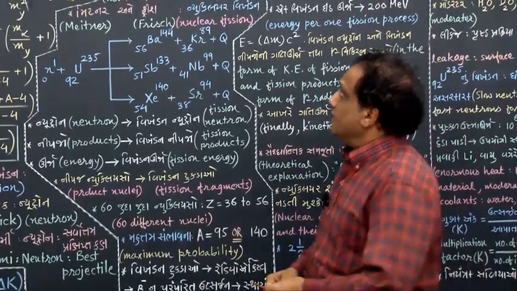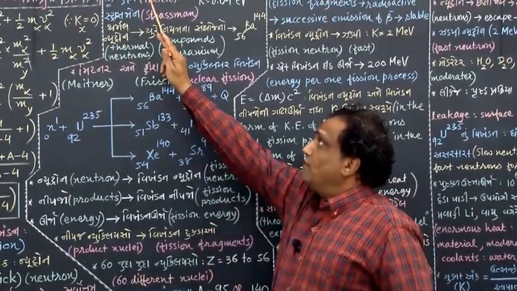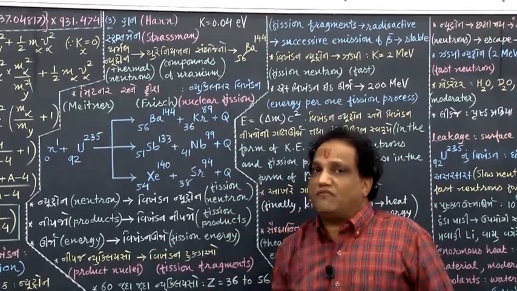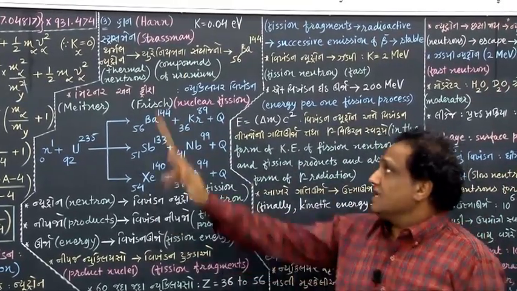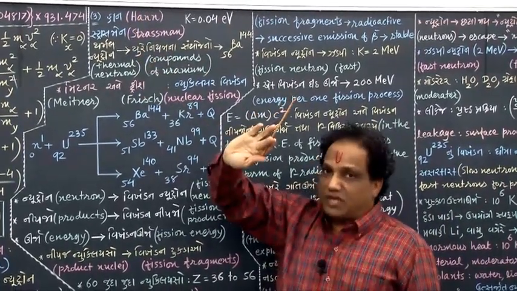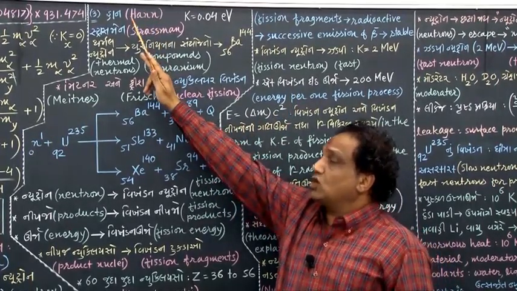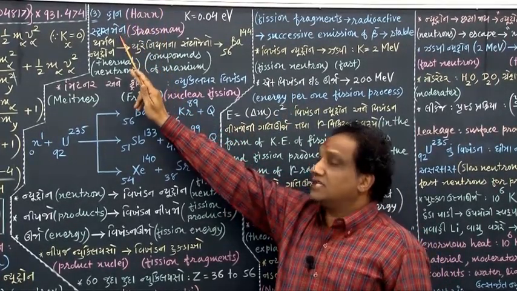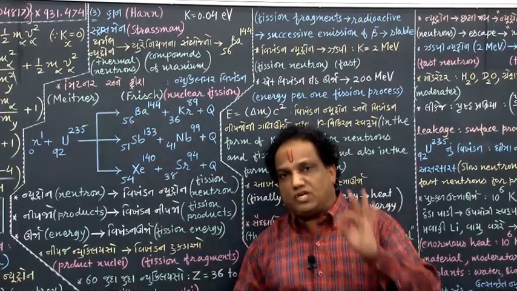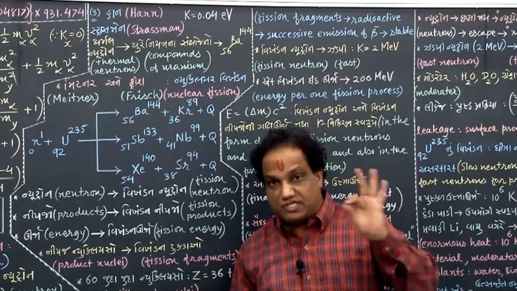Then there were two scientists belonging to the field of chemistry, two chemists, Mr. Otto Hahn and Mr. Strassmann.